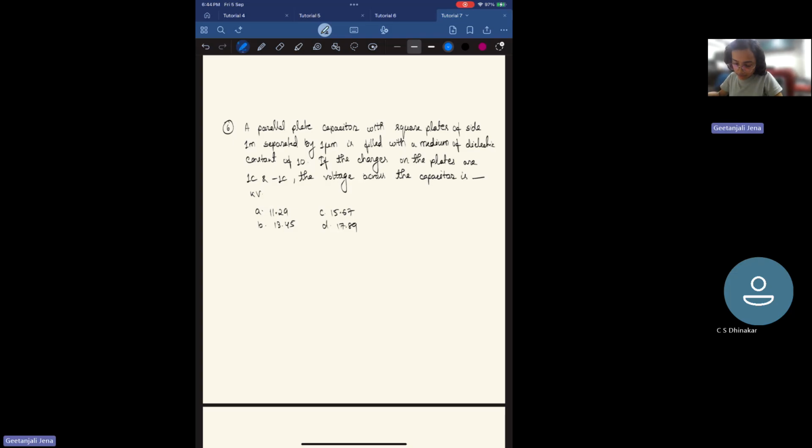If the charges on the plates are 1 coulomb and minus 1 coulomb, you need to find the voltage across the capacitor. So calculate it and let me know the answer. It's a direct formula based question. If you recall the relation between capacitance and voltage, then I think it's easy to solve.